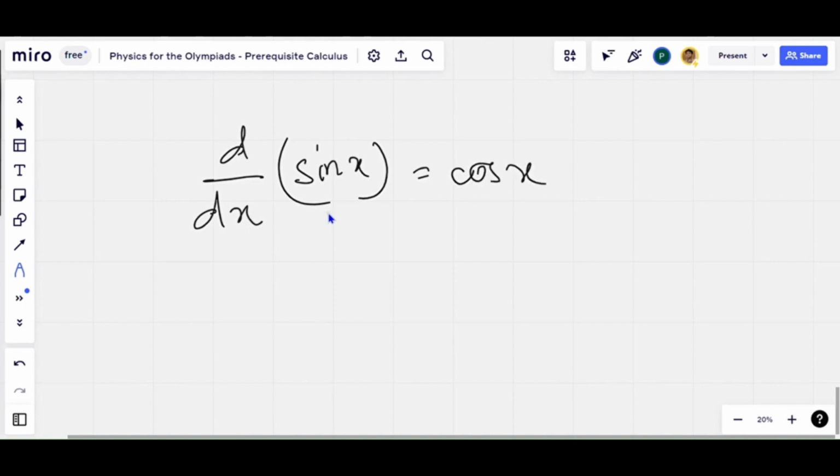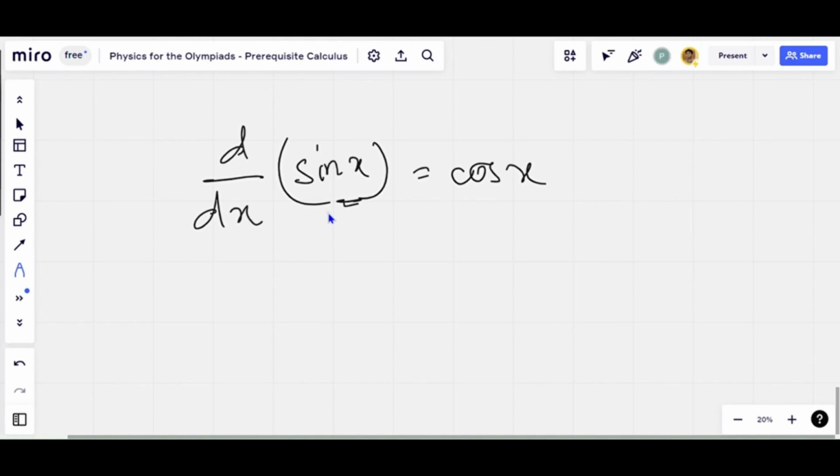In this one, we observe that the function cos x is the derived function of sine x. We say that sine x is an antiderivative or an integral of cos x.